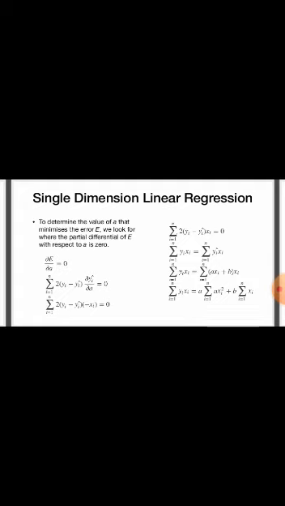To determine the value of a that minimizes the error E, we look for where the partial derivative of E with respect to a is 0, that is, del E by del a is equal to 0. Then the final equation becomes summation of i equals 1 to n yi xi is equal to a into summation of i equals 1 to n xi square plus b into summation of i equals 1 to n xi.